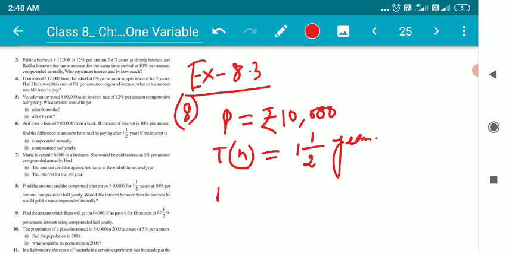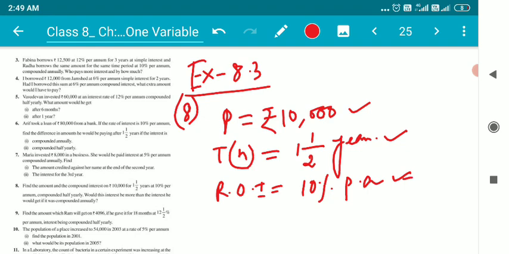The rate of interest is 10% per annum. Okay, children, so the principal is 10,000, time is 1.5 years, rate of interest is 10% per annum.